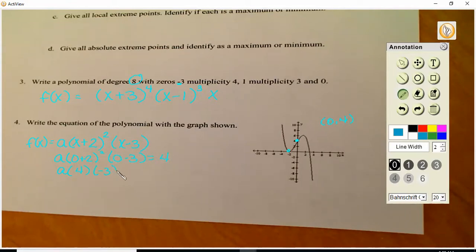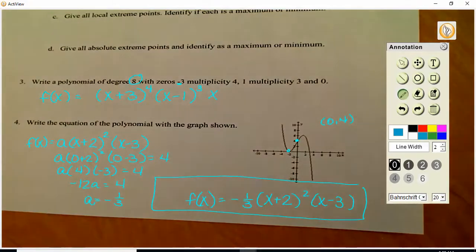There's -3. Divide by -12. And that's -1/3. So our overall polynomial is -1/3 times (x plus 2) squared times (x minus 3). Do you remember doing that on Friday?